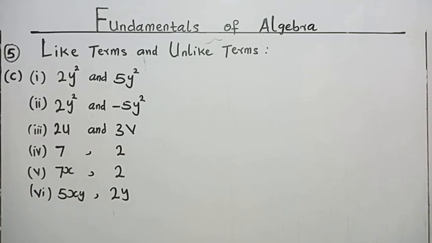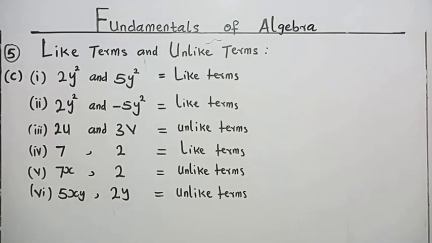Based on that, the two are unlike terms. Please watch as the status of each of these sets of numbers is appended by the side. And here they come. The first set is like terms, second set like terms, third set unlike terms, fourth set like terms, fifth set unlike terms, and then the sixth set unlike terms.